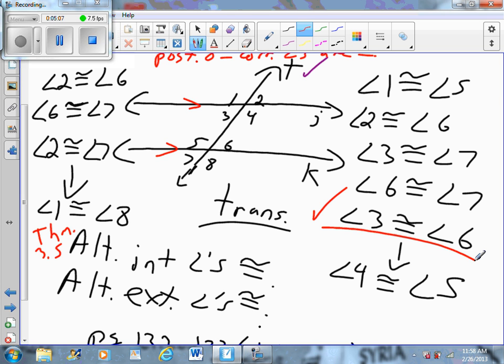We know that 3 is congruent to 7 because these are corresponding angles. 6 and 7 are congruent because they're vertical. What property says that I can now state formally that 3 is congruent to 6?